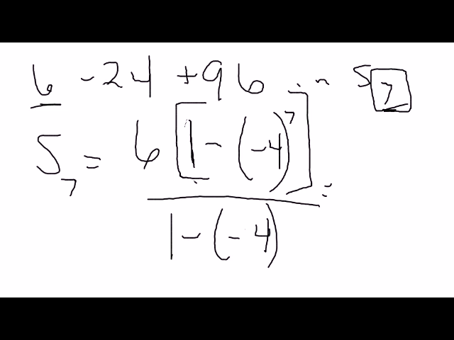Okay, so we just evaluate this. So it's 6 times 1, now it's going to be minus a negative 4 to the 7th. And let's see, 4 to the 7th is 16,384.